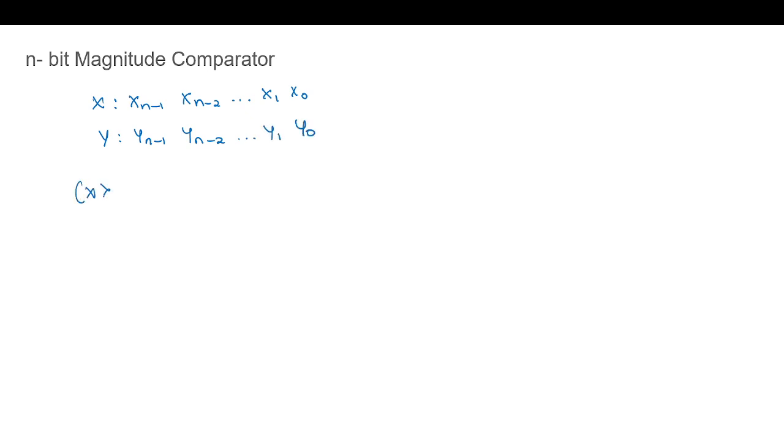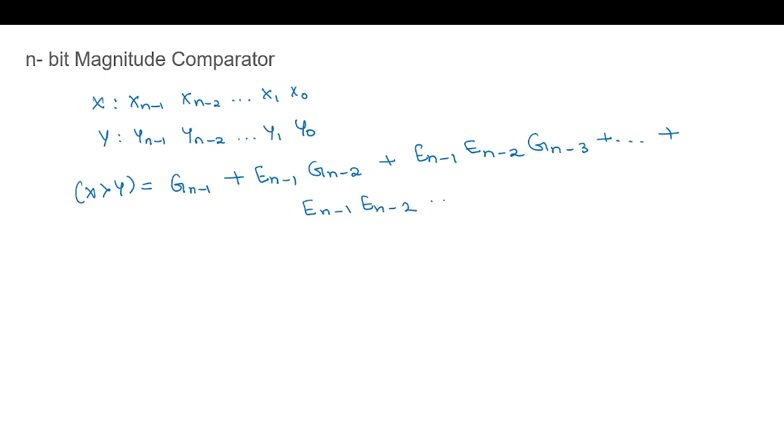So the condition for x greater than y will be either the MSB is greater, or the MSBs are equal and the next bit is greater, or the previous two bits should be equal and the next bit is greater, or the previous bits down from MSB down till 1 are equal and the last bit is greater.